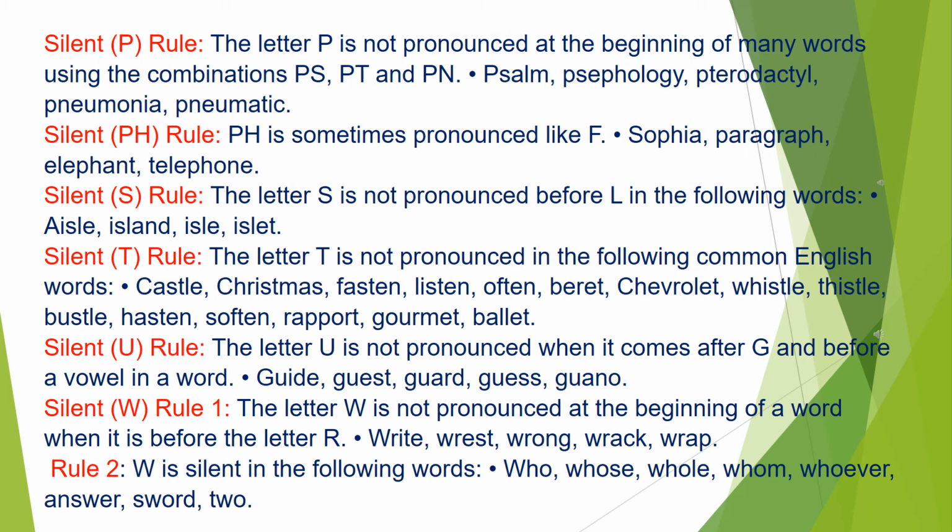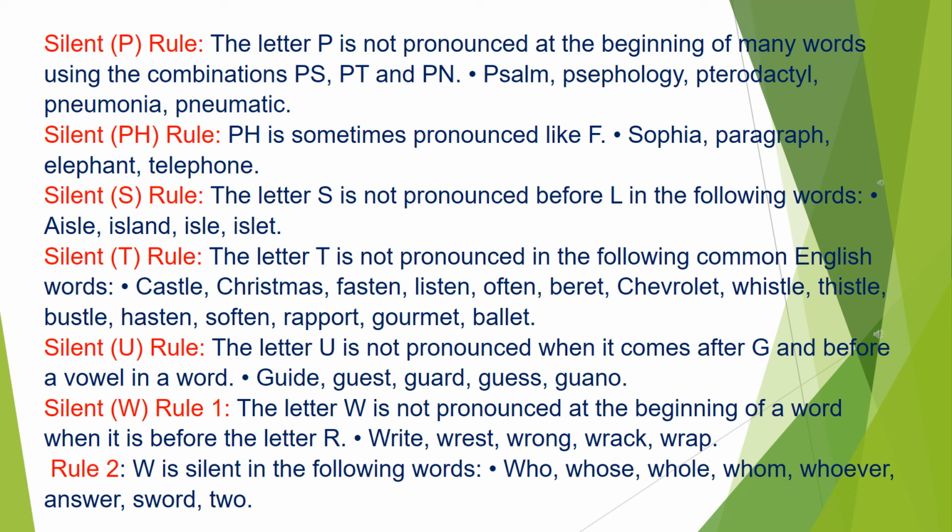Now the silent U rule. The letter U is not pronounced when it comes after G and before a vowel in a word. For example, guide, guest, guard, guess, guano. Silent W rule.